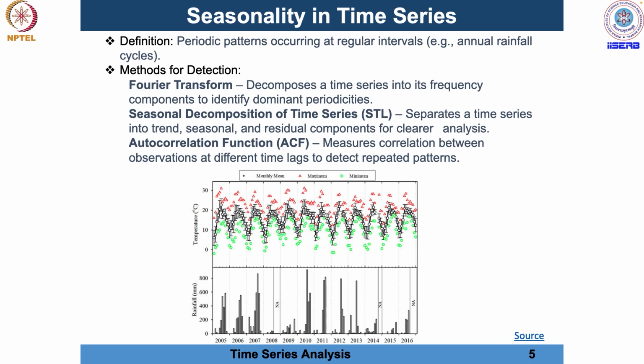Then another important analysis when we are detecting seasonality is the autocorrelation function. Suppose you have rainfall data at a monthly time period for a particular location.